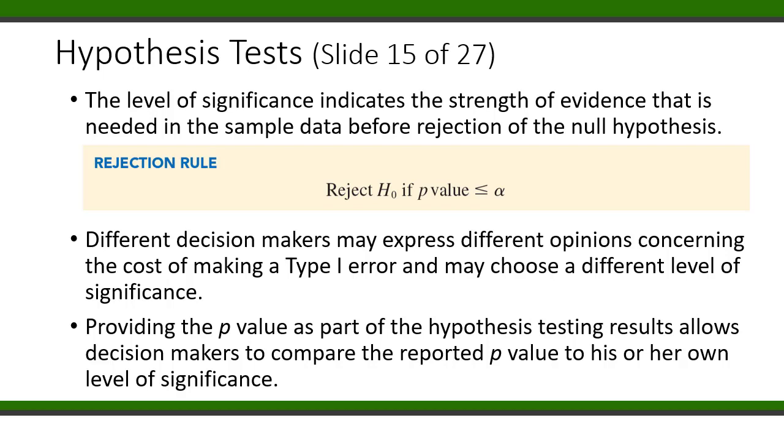So what you've got to remember, what I said from about 3 or 4 slides ago, is if you have the p-value and you know your level of significance, if your p-value is less than or equal to your alpha, then you can reject the null hypothesis.